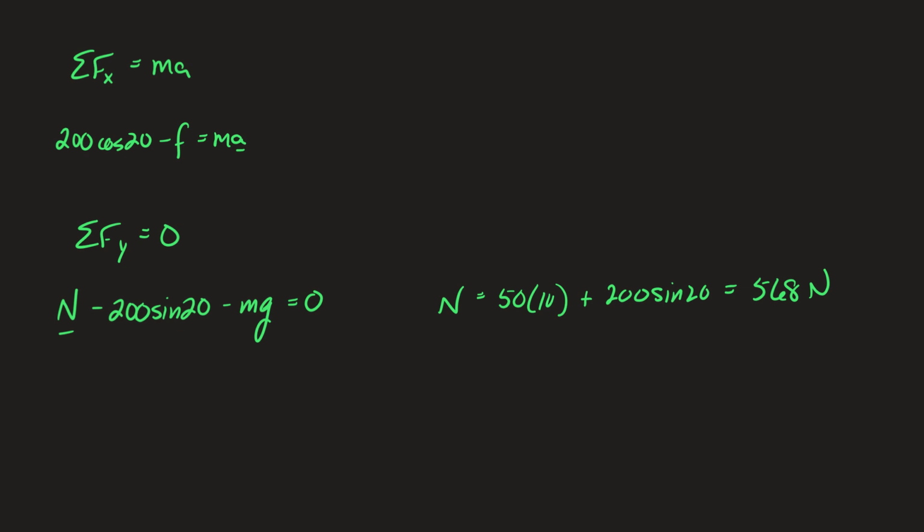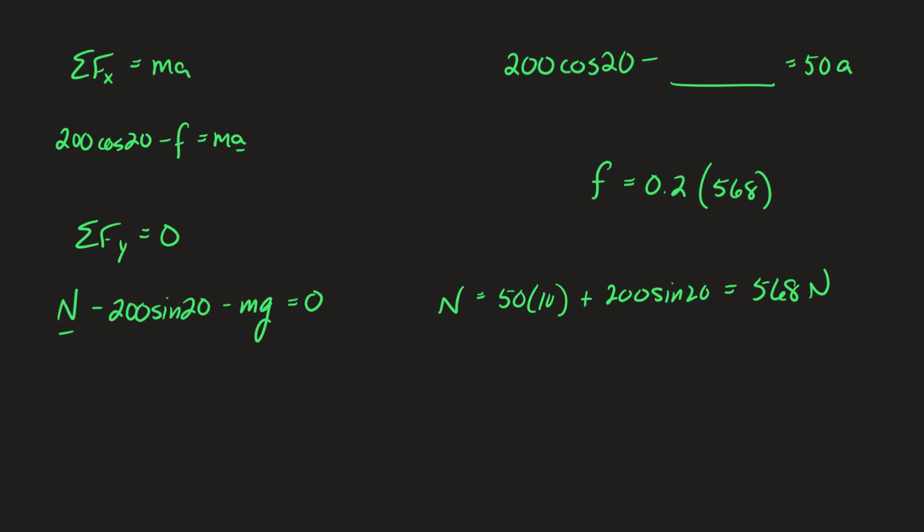Now, if I want to figure out the acceleration, I'm going to need the frictional force. I can figure out the frictional force right now because I have the normal force. Friction has to equal mu times the normal force.